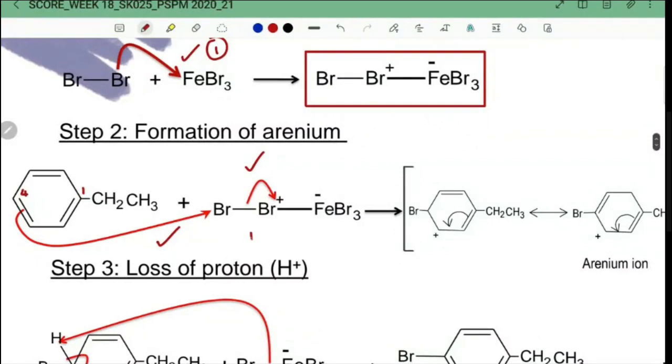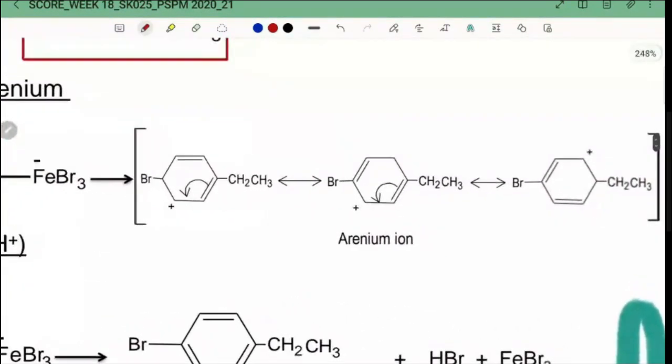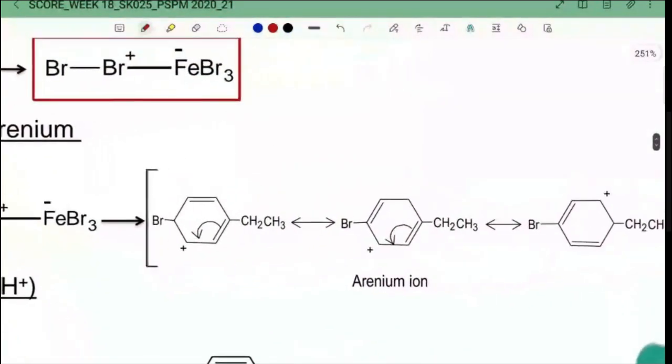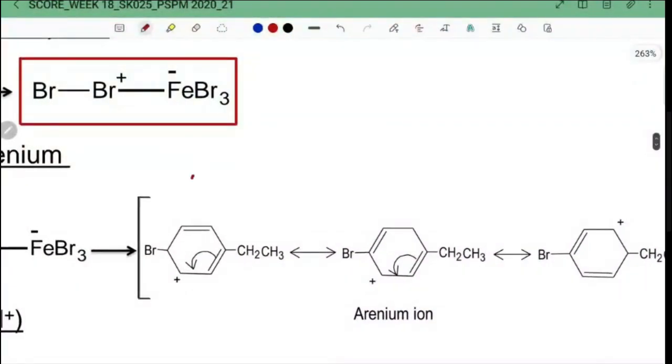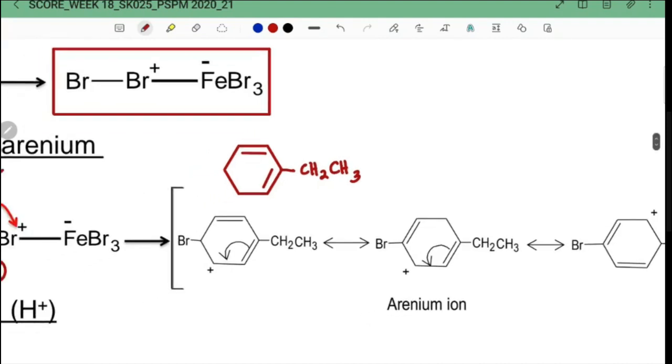And then formation of arenium ion. Formation of arenium ion, I usually show as one step. So when you break, when it attacks, the bromine will attach here at the para position. So what happened here? This one is plus, so it will start moving the double bond. This plus is near this double bond, and the other one is farther, so it will look for the nearest double bond.